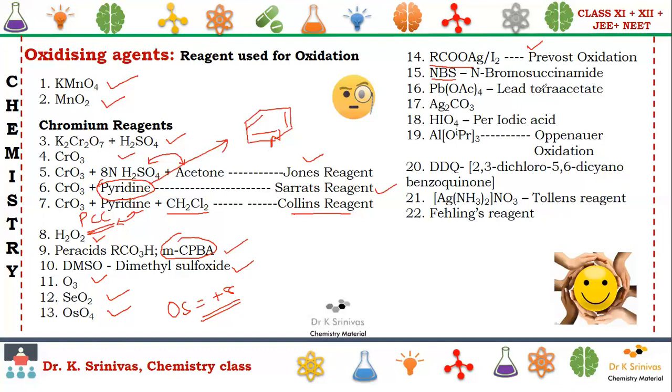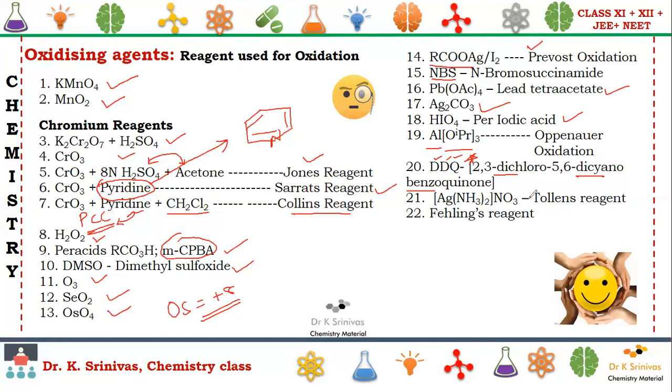Next is lead tetraacetate, silver carbonate, periodic acid, aluminum isopropoxide, DDQ, dichlorodicyanobenzoquinone. That is nothing but DDQ. This will be given last priority in our explanation.